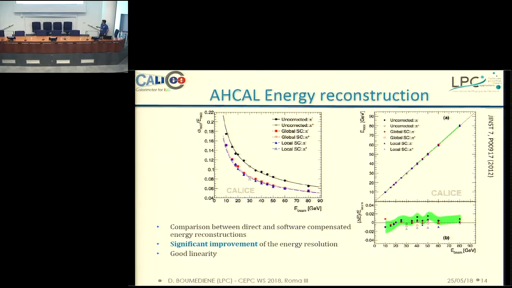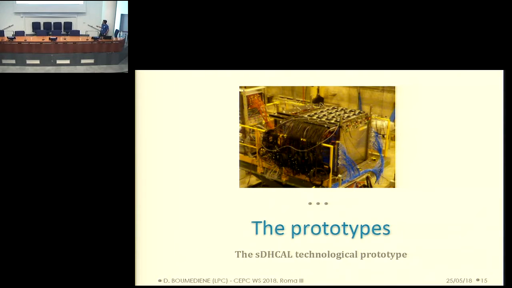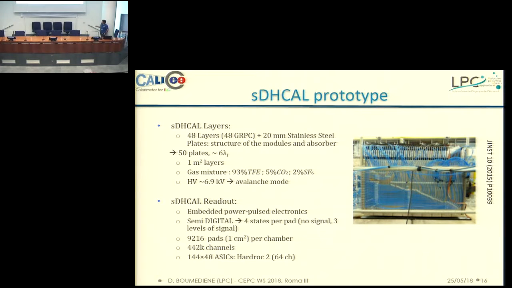So this is for the energy reconstruction using this prototype with the HCAL. The same validation was done with the HCAL proposal, so a technological prototype was built. In the HCAL, we have 48 layers, so this is the longitudinal segmentation.